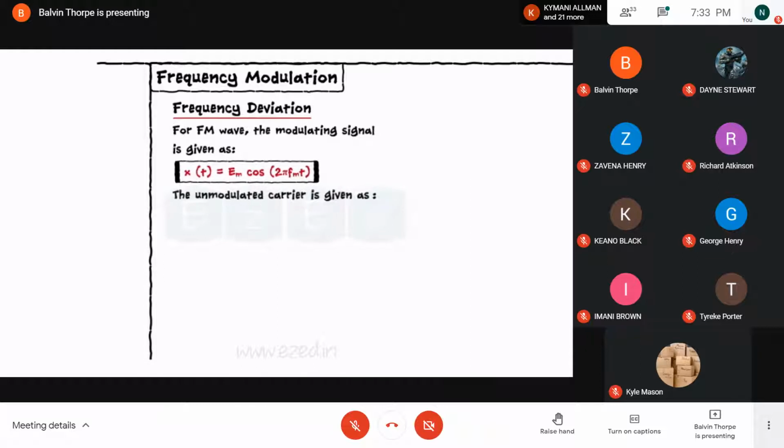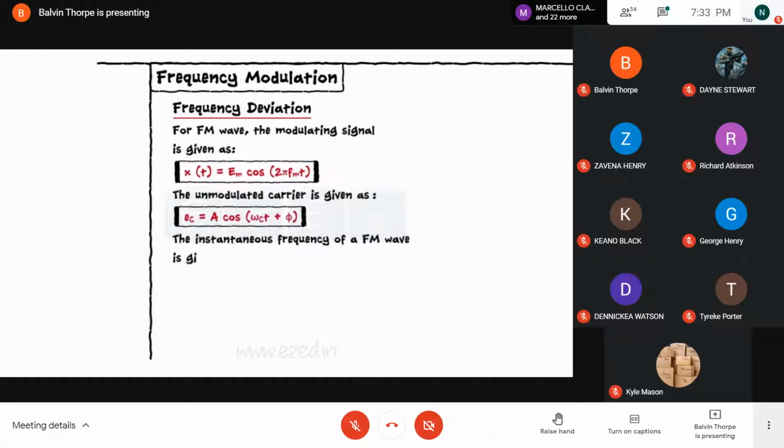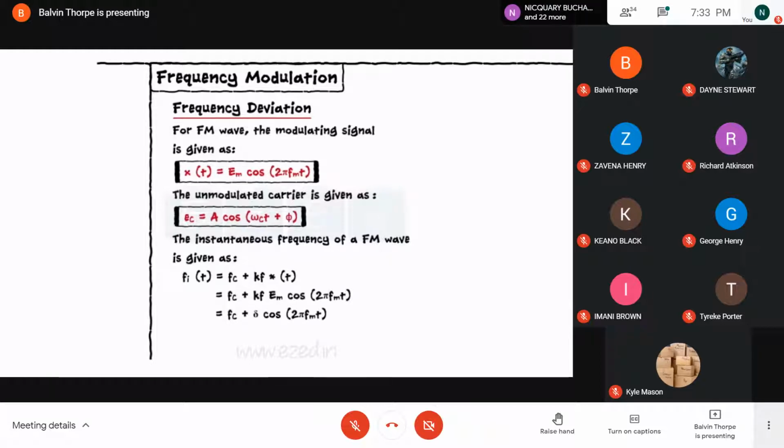The carrier signal is given as Ec equals A cos(omega c t plus phi). The instantaneous frequency of an FM wave is given as Fi(t) equals Fc plus Kf times x(t). Substituting the value of x(t), we get the equation Fi(t) equals Fc plus delta cos 2 pi Fm t, where delta is the deviation.